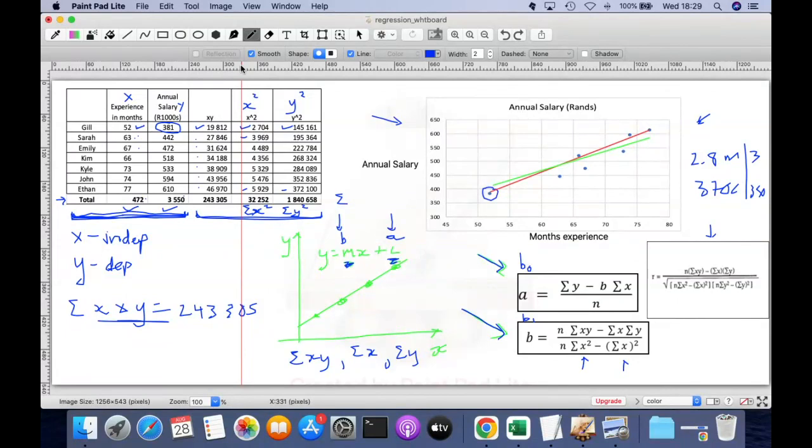My calculator is option 2, and then you'll see an option A plus BX, also option 2 on mine. That is why I wrote the equations with A and B, because your calculator knows it as A and B. So whatever that option is on your calculator, A plus BX, that's what you choose.